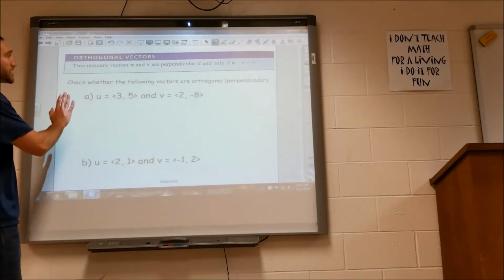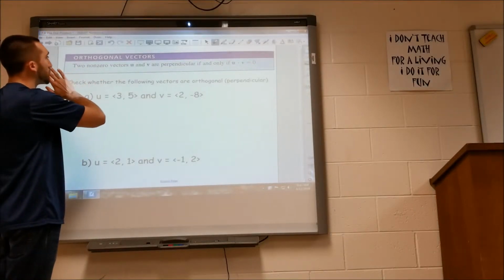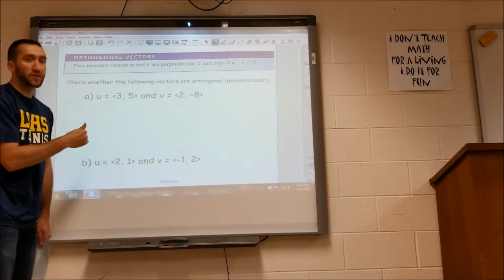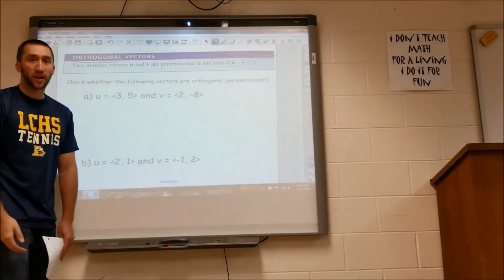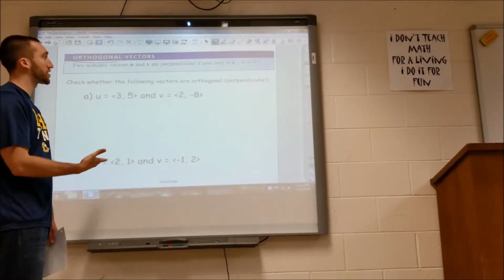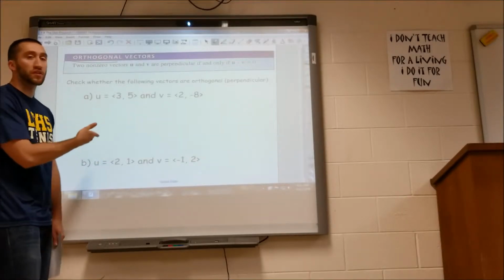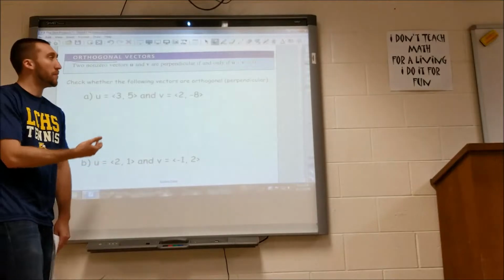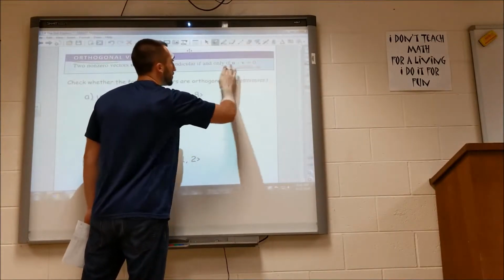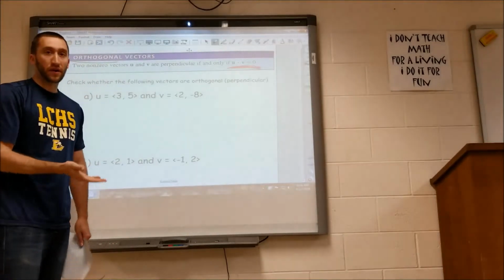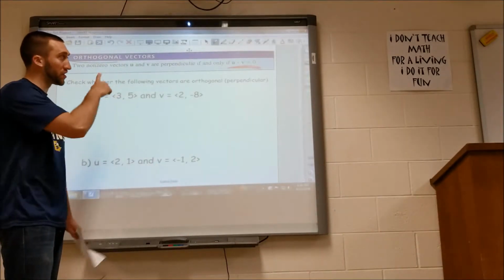Okay, next thing we may need to determine is if two vectors are perpendicular. And another word for perpendicular is orthogonal. Okay, so a lot of times on test questions, final exam, you'll hear, are these two vectors orthogonal? And basically all you have to do is the dot product, and if it equals 0, they're orthogonal or perpendicular to each other.